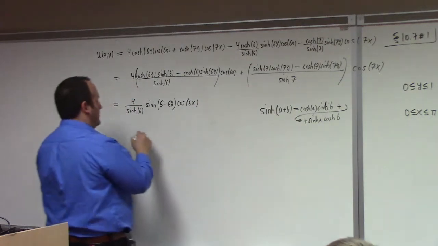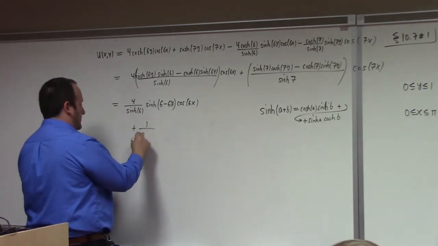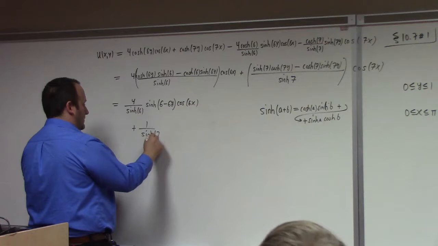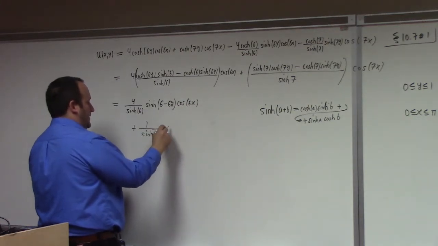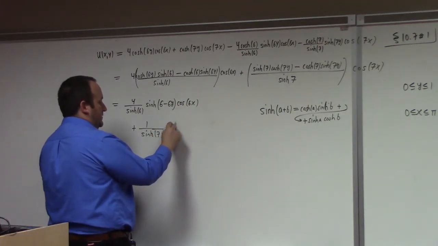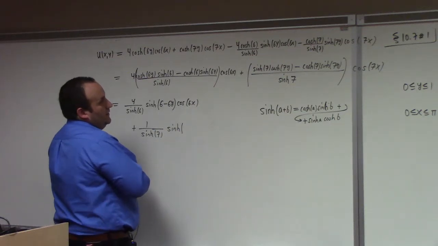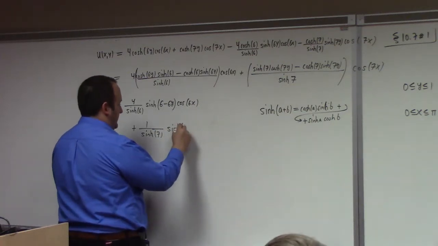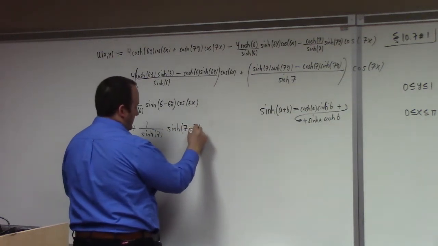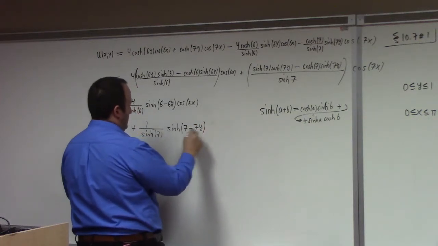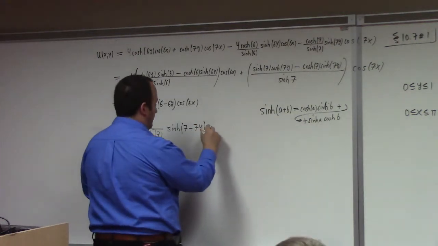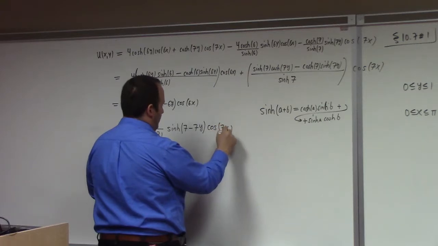And that over there would be 1 over sinh 7, and then we'd have the hyperbolic sine 7 minus 7y, I think, and cosine of 7x.